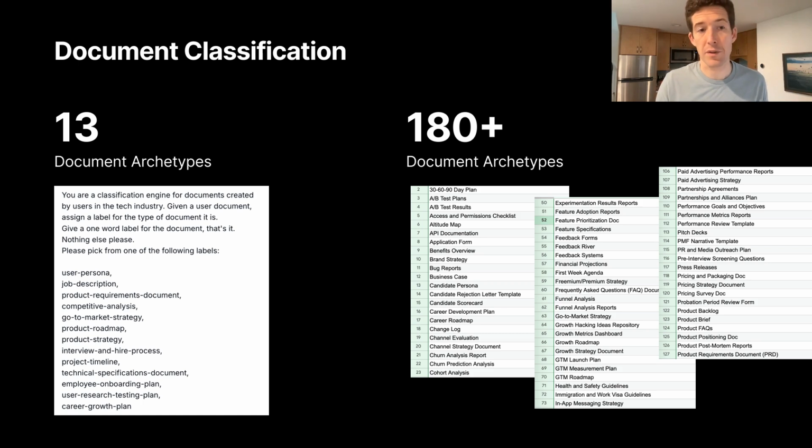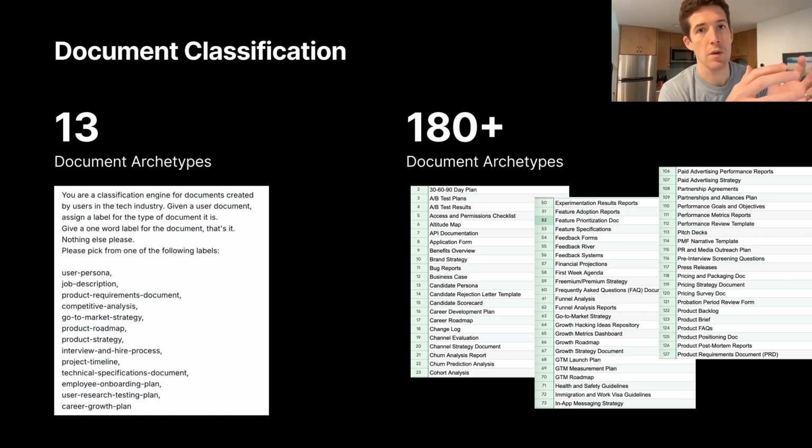An example of what we did previously, we just detected 13 document types. And this is actually the prompt we used in the LLM to do the classification. And so you can see here we did user persona, job description, PRD, roadmap, strategy, timeline. There's just 13. And one of the things we did is we went and built 180 different types of documents that we felt like we had the good content for and that made sense to have a branch for.